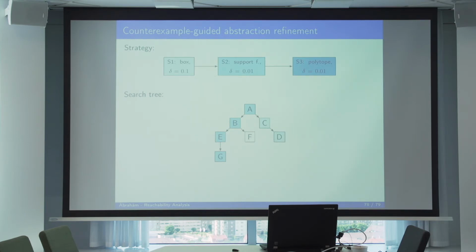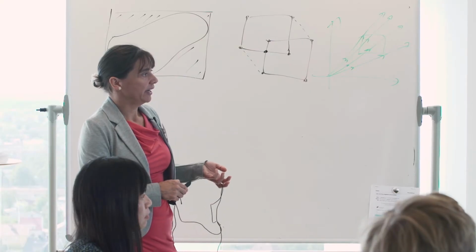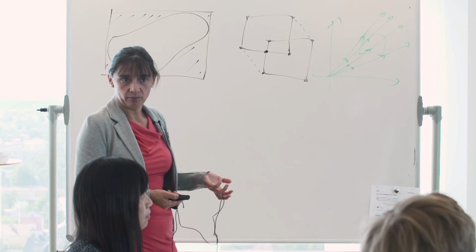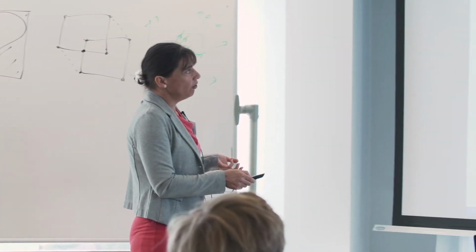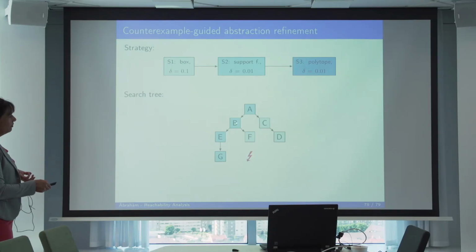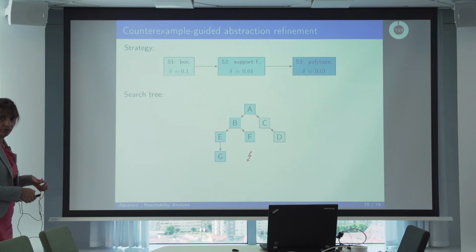I still have to compute successors for F. I do it, and I again get a counterexample. And now, because here I already refined, I only have to look up from where I need to continue the refinement, so only this one. And this is nice because we stored a lot of work.